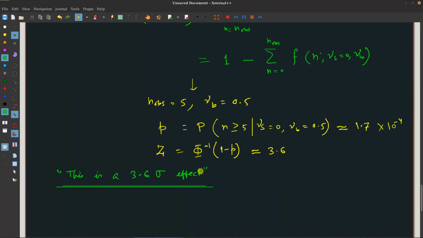That is, the background only hypothesis is incompatible with the data with a significance of 3.6 sigma. Okay, it is not enough to claim a discovery. It is not enough to say that we are observing something new. Okay, does everyone understand this statement?